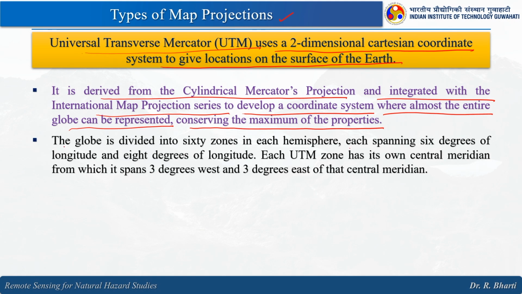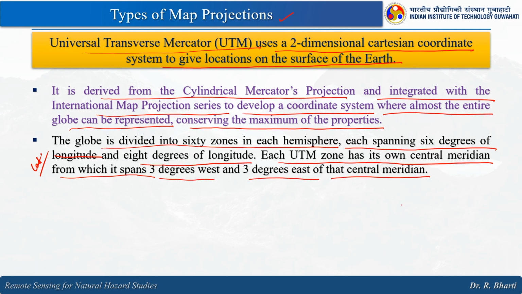In UTM, the globe is divided into 60 zones in each hemisphere, each spanning 6 degrees of longitude and 8 degrees of latitude. Each UTM zone has its own central meridian from which it spans 3 degrees west and 3 degrees east of that central meridian.